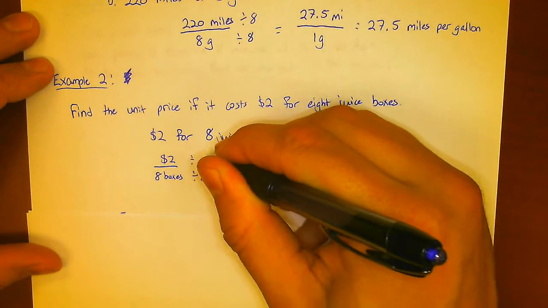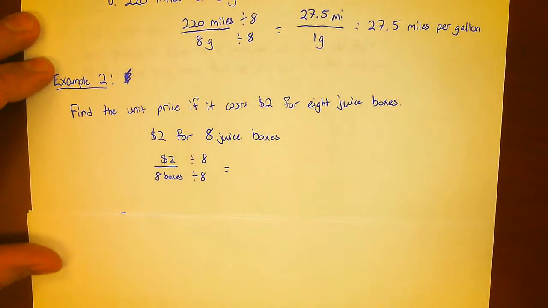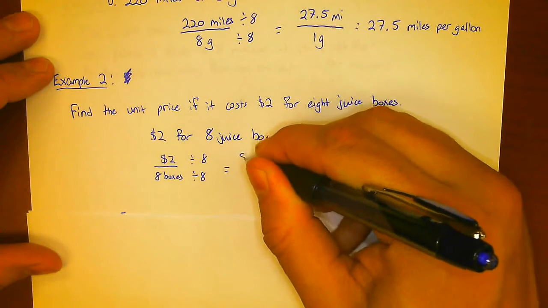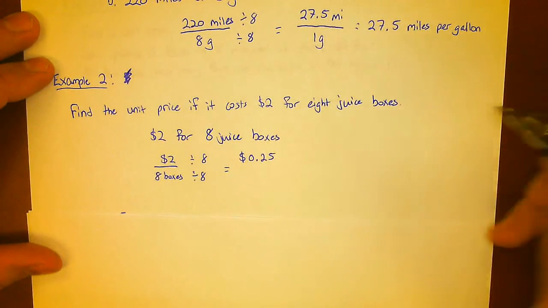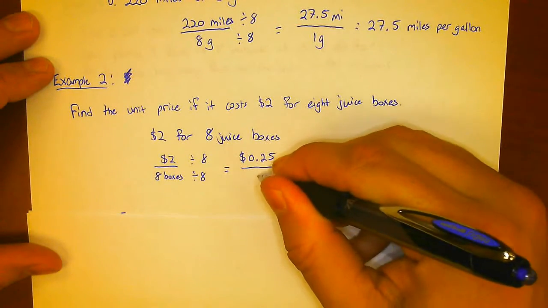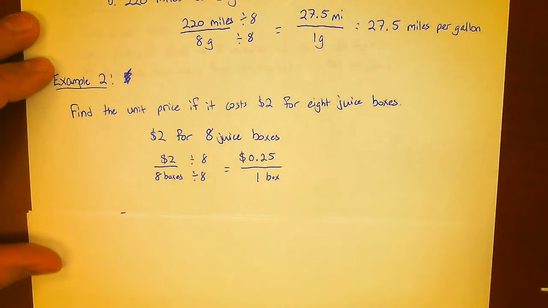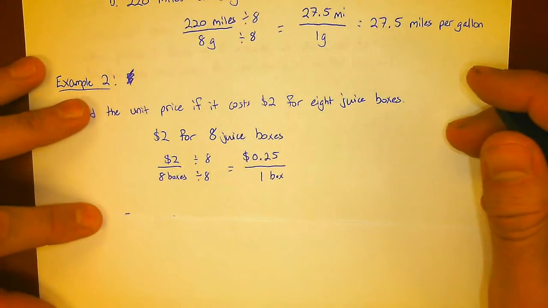We're always dividing by the denominator. So if you take 2 and divide it by 8, that should give you 25 cents, or 0.25. 8 boxes divided by 8 will give you the 1 box. So now you know that 1 juice box should cost about 25 cents.